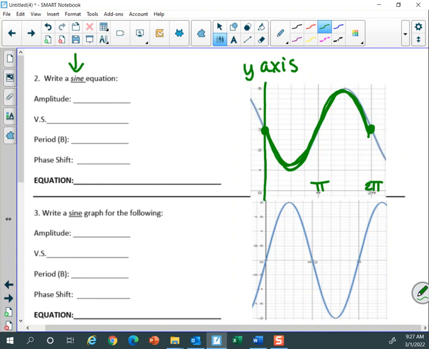That's 2. Just in case your numbers are a little low or a little hard to see.